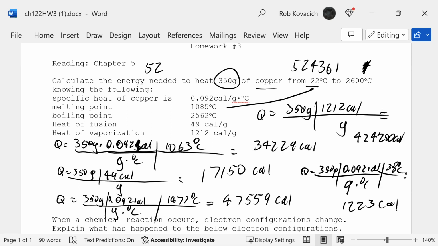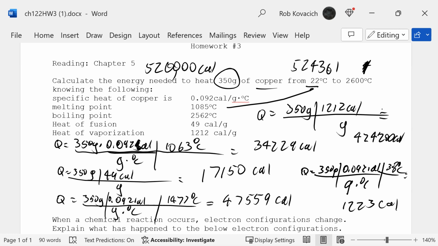I missed a zero there. So 520,000 calories to get that to happen.